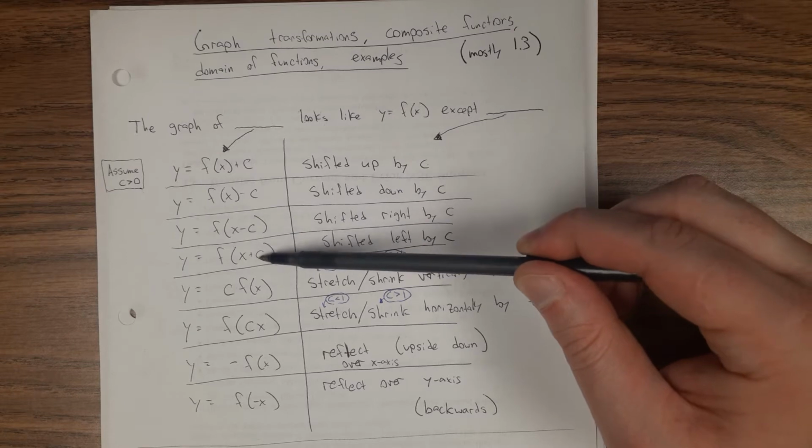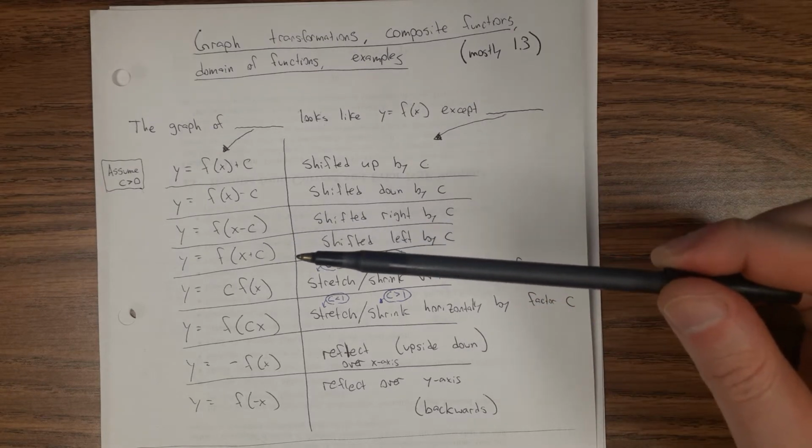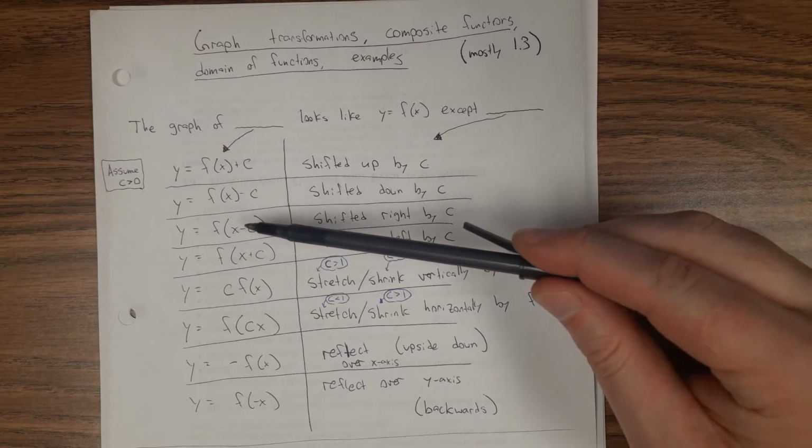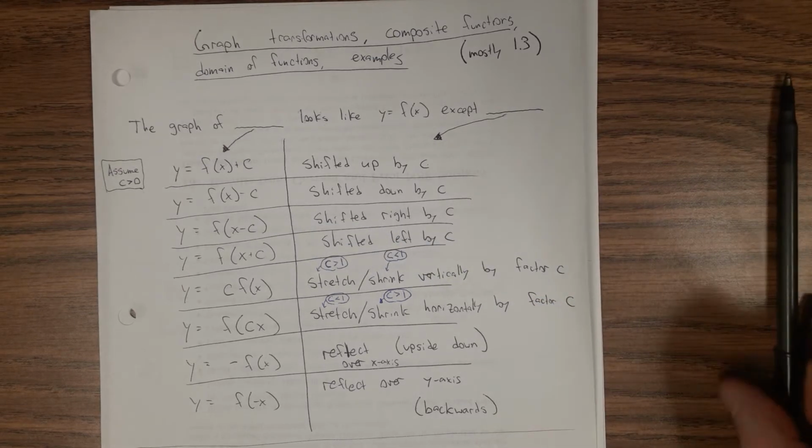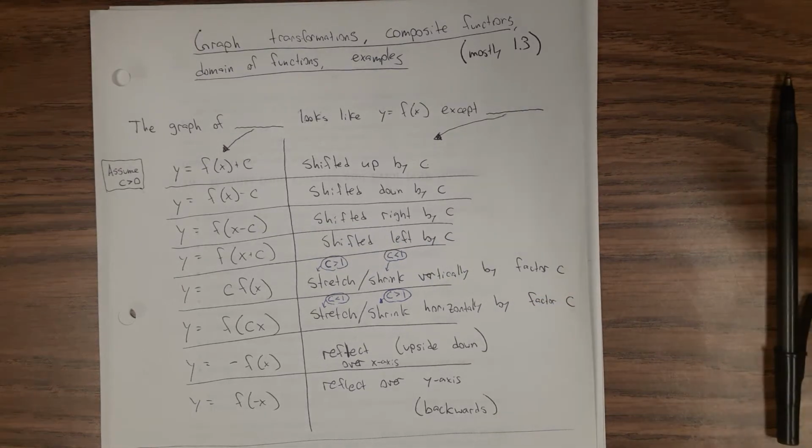But the next two seem to be a bit opposite, because, just as up is generally a positive direction and down is negative, if you're talking about horizontal directions, going to the right is generally considered positive, right?